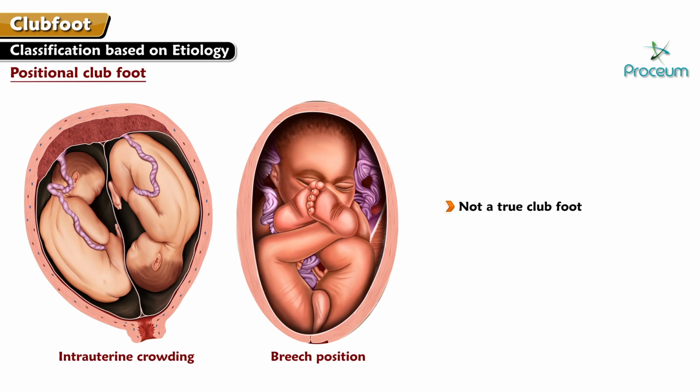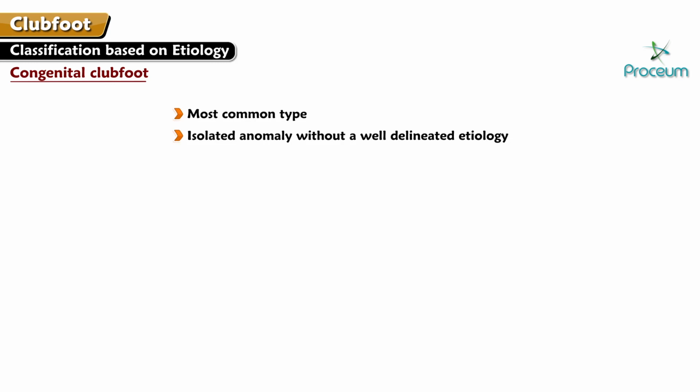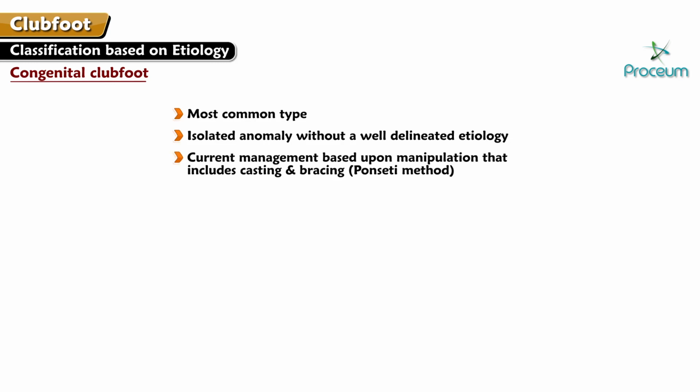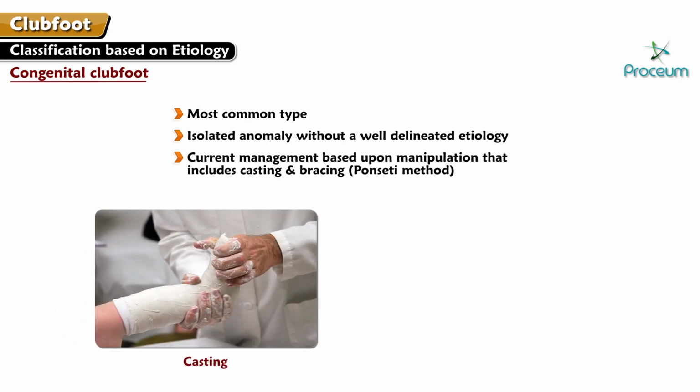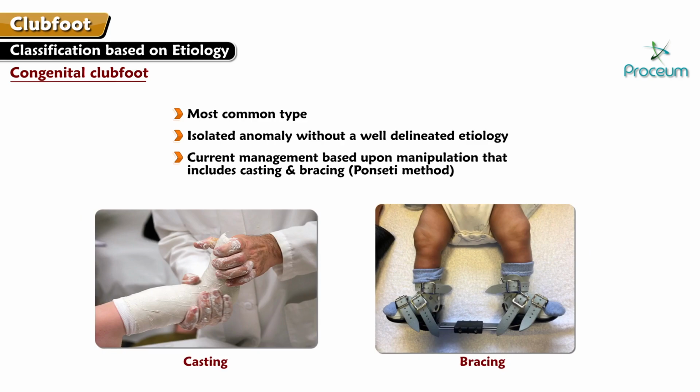The positional clubfoot easily corrects to a normal position with manipulation. Congenital clubfoot. Congenital clubfoot is the most common type of clubfoot. It is usually an isolated anomaly without a well-delineated etiology. Current management is based upon manipulation that includes casting and bracing, referred to as the Ponseti method.